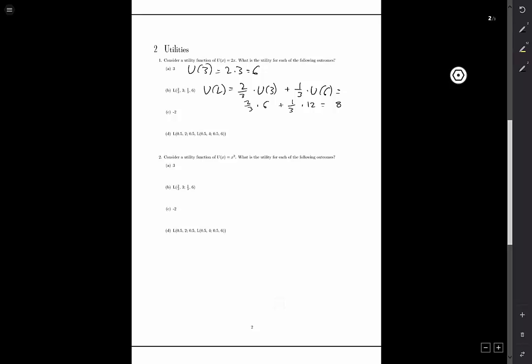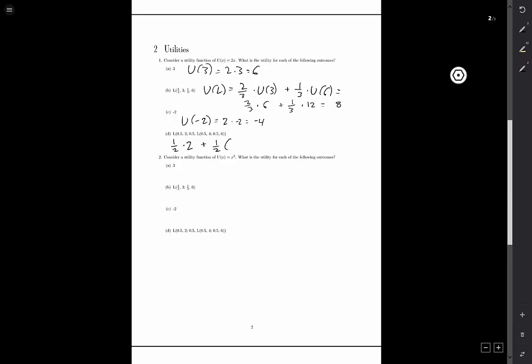Now let's say we have the utility of -2, so that equals 2 times -2 equals -4. And finally, for D, the utility of this lottery is going to be 1/2 times 2 plus 1/2 times another lottery.